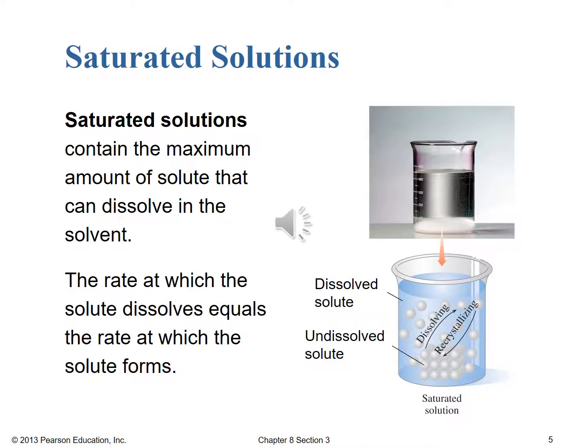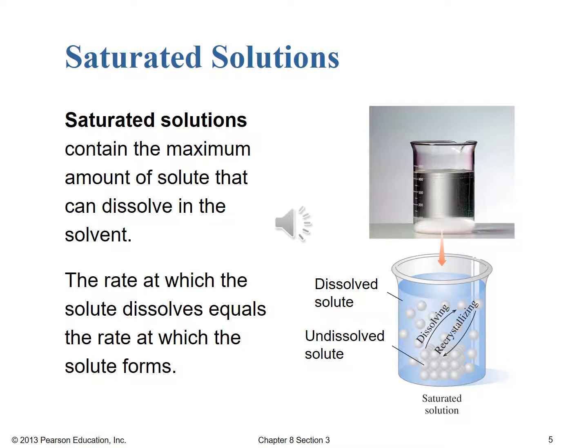We also have to consider the rate at which that solute dissolves, because it may look like there's nothing happening, but really in a saturated solution, we have some solute dissolving, but other solute reforming at the same rate. So that's what's really going on.